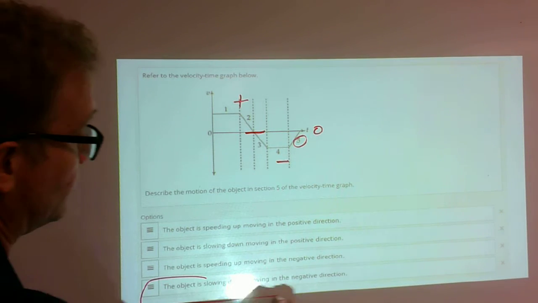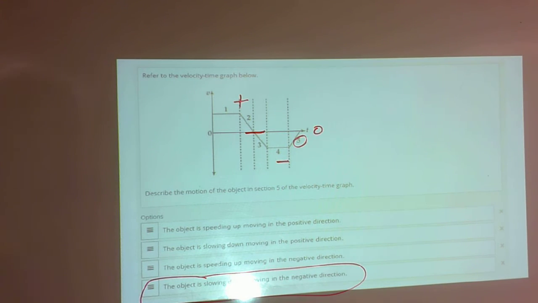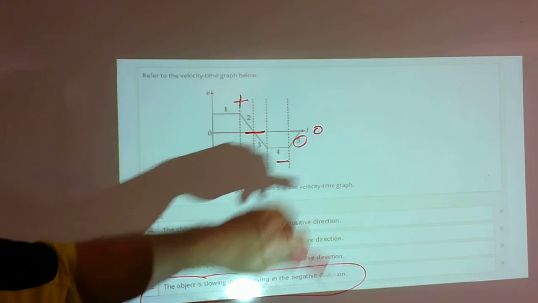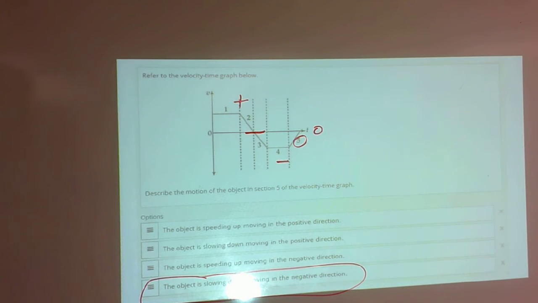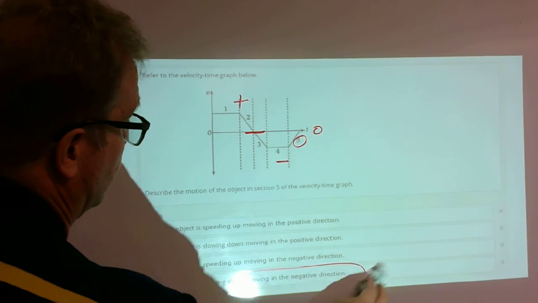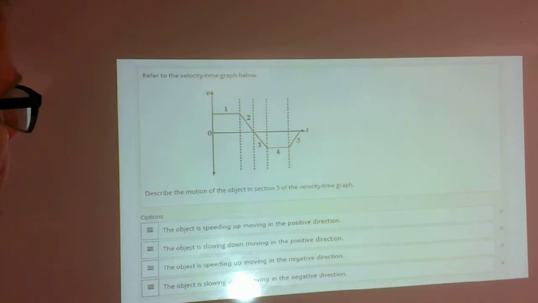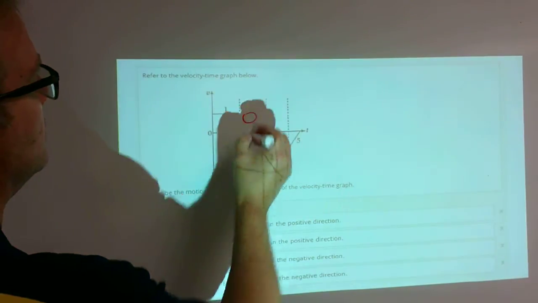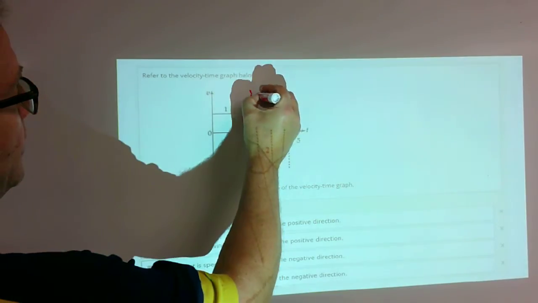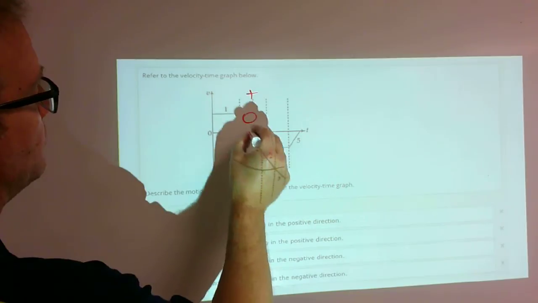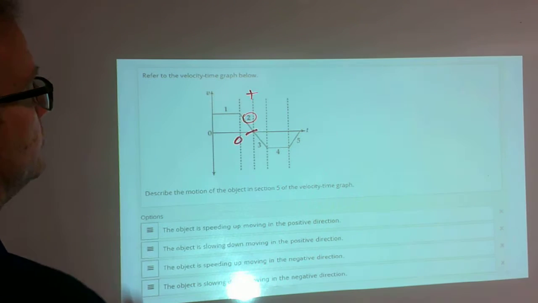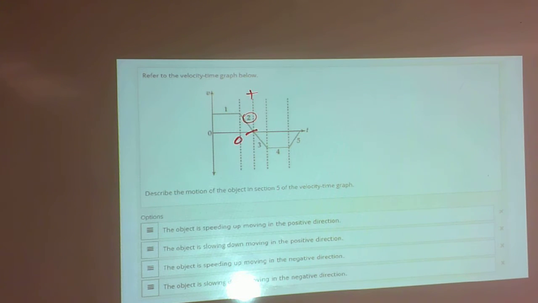So the answer would be actually the bottom one. You are slowing down, and this is in a negative direction. If you're above it, like if I'm looking at number 2, I'm in a positive direction, and I'm slowing down to 0. So that's the way you need to look at this one.